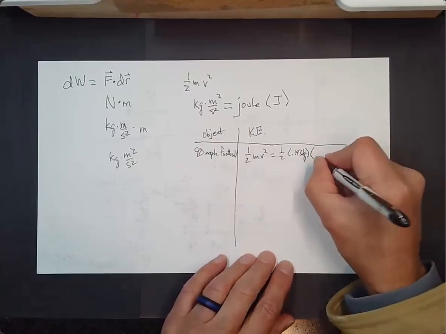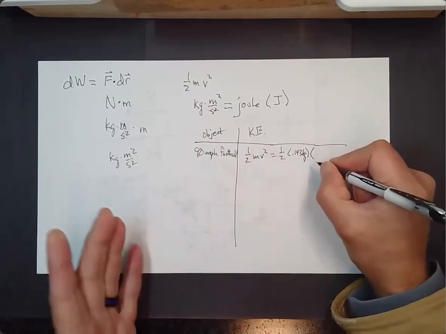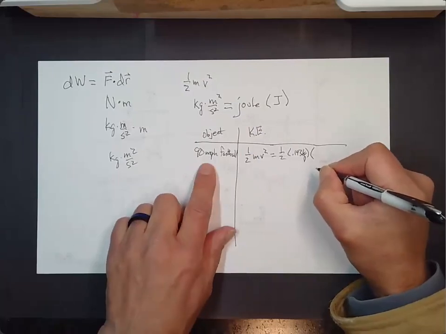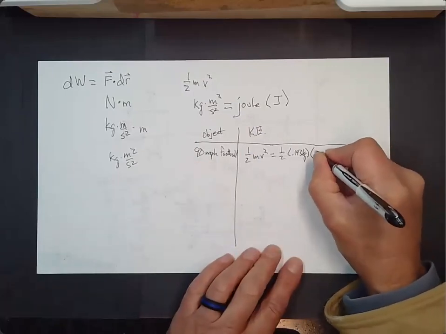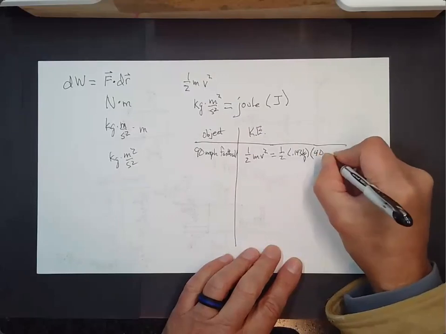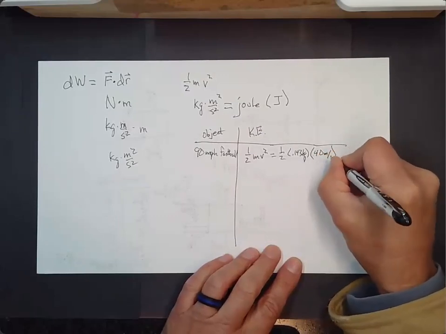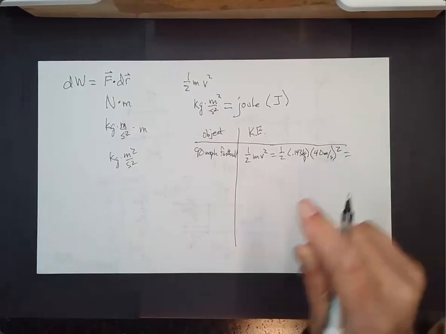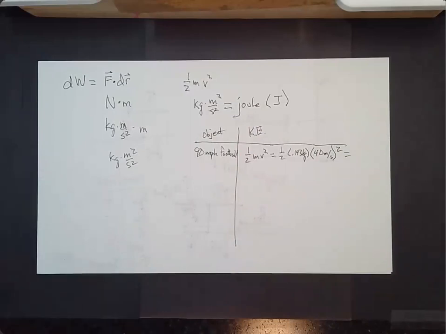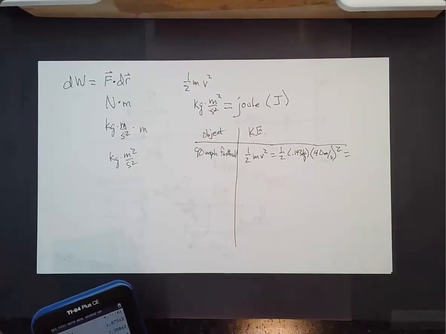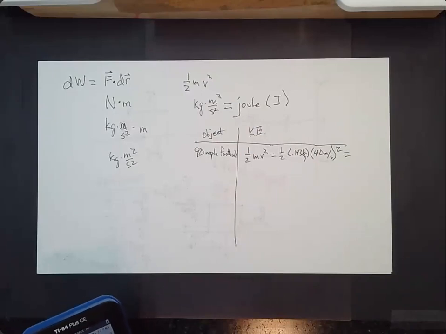Anyway, at 90 miles per hour, we're not going to go for super high precision, but that's just about 40 meters per second. And we square that. So the energy of that is going to be 0.5 times 0.143 times 1,600, or 40 squared.